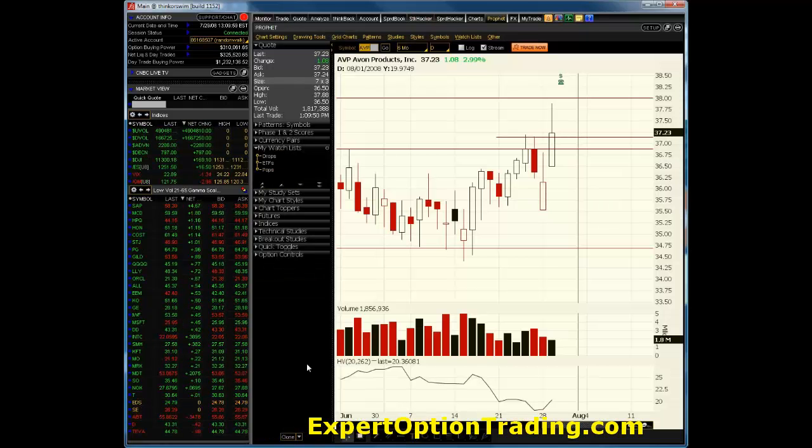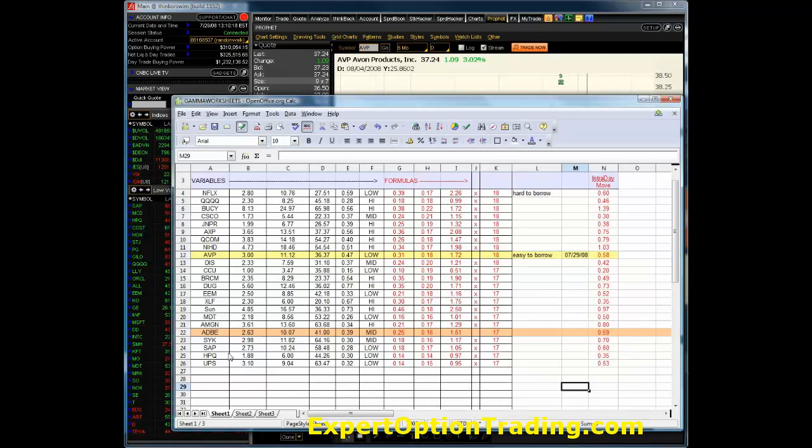I want to bring to your attention some of the finer points of gamma scalping and the reason why we go after low volatility stocks, and stocks that are low volatility but have a high range. I've done an analysis on a number of different stocks as we continue to go down.